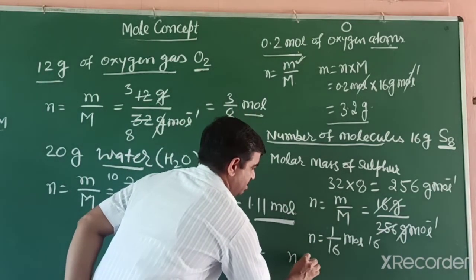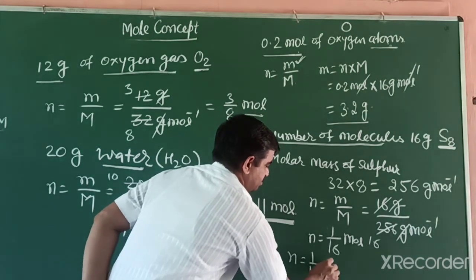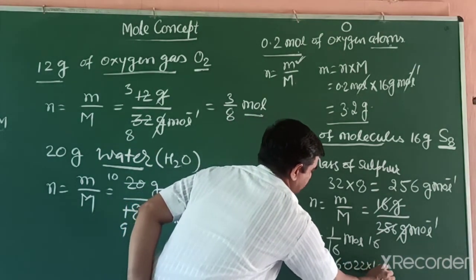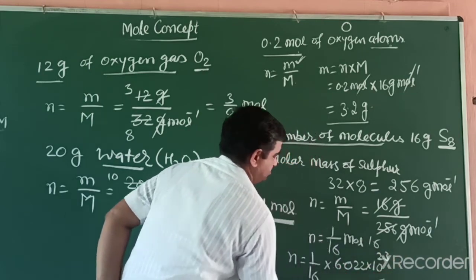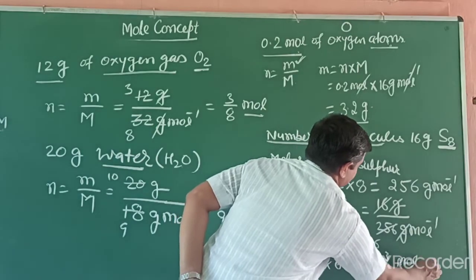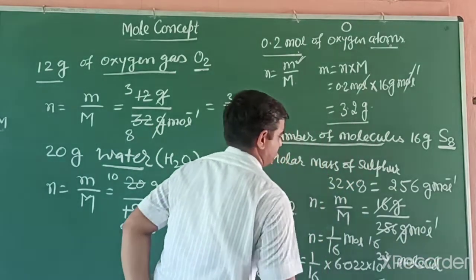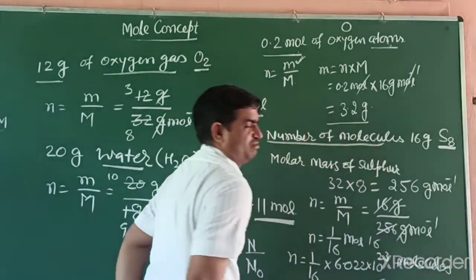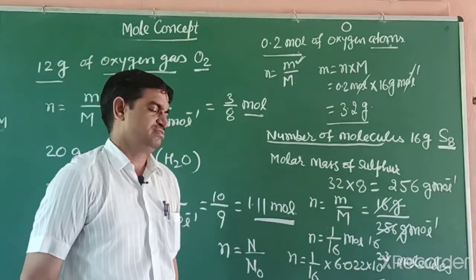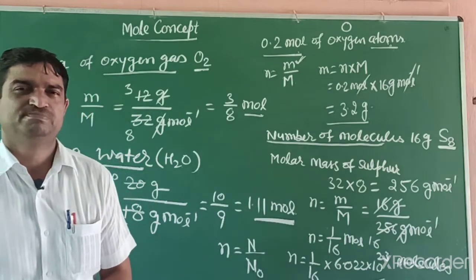So 1 by 16 into 6.022 into 10 to the power 23. If you solve, then you get the molecules. So we easily can find the sulfur molecules.